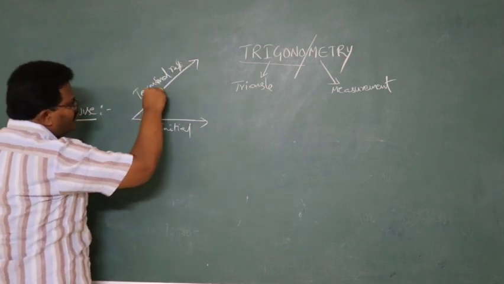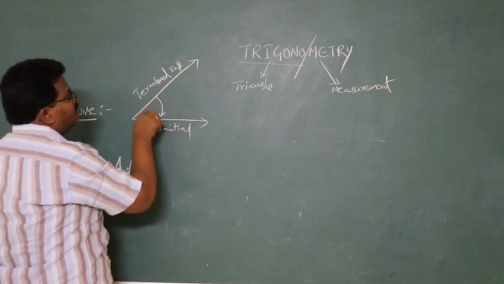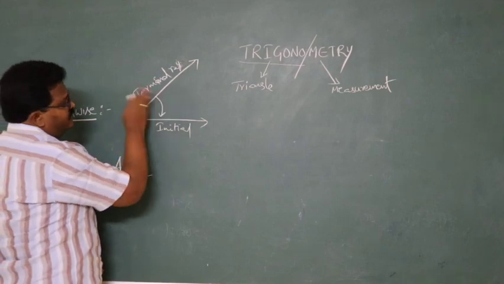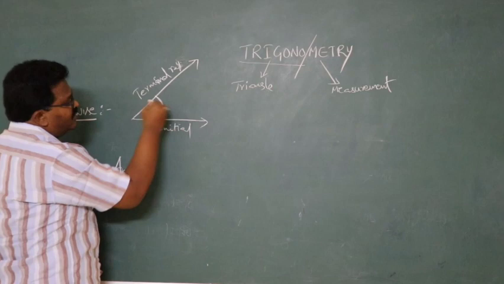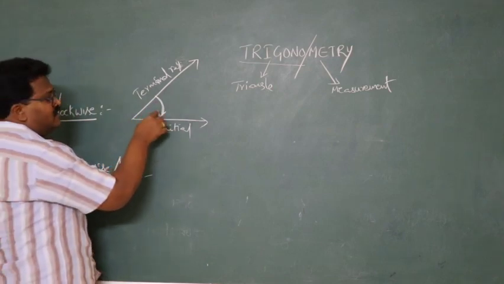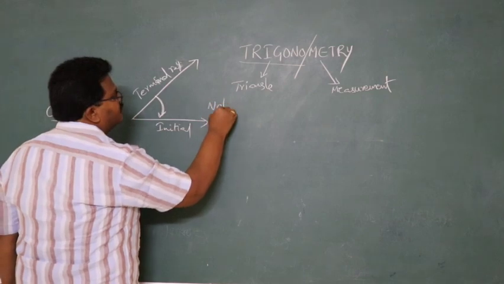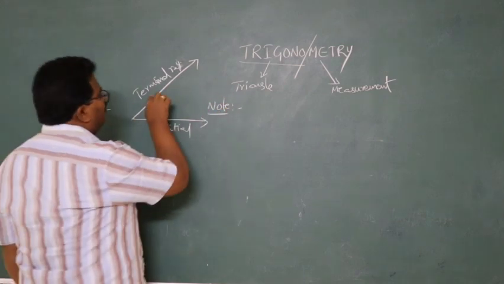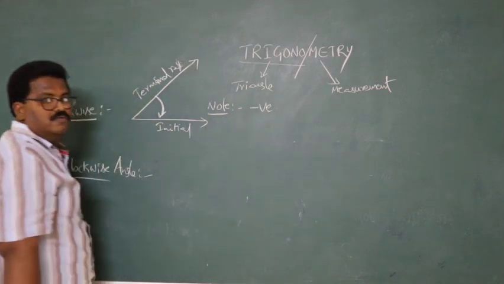If the terminal ray moves in this direction, that is the movement of the clock, the hands of the clock move this direction. That's why this is called the clockwise direction. Here one note point is, in trigonometry we take the clockwise direction as negative.